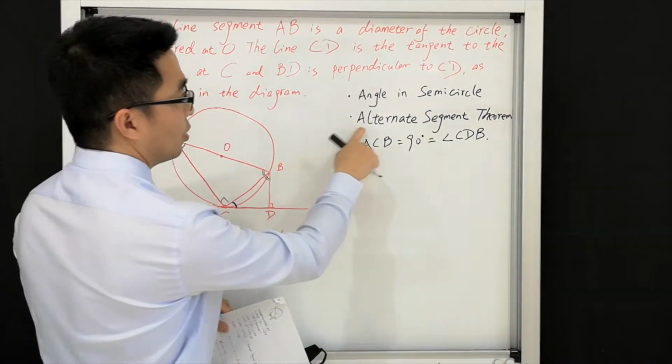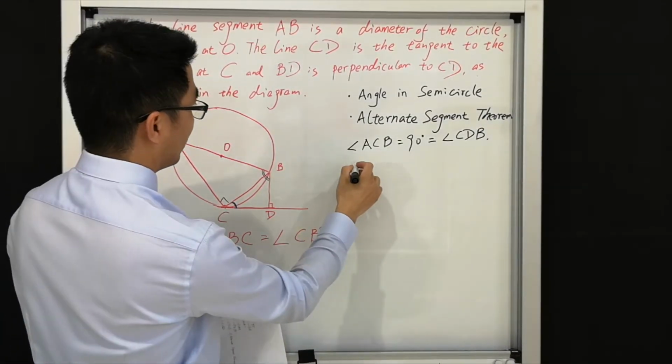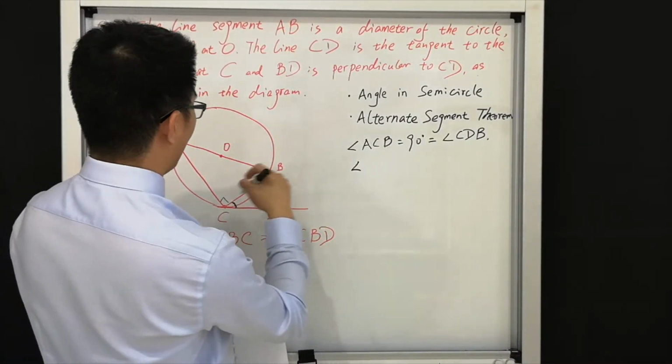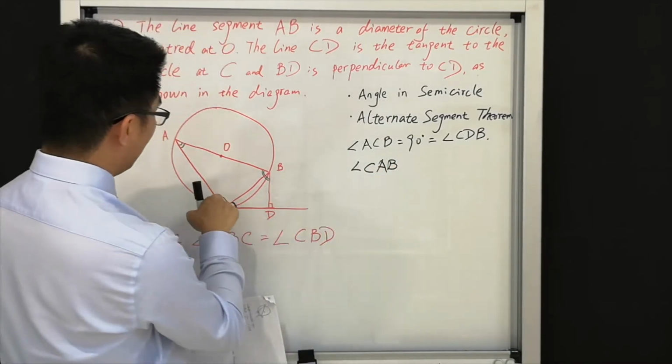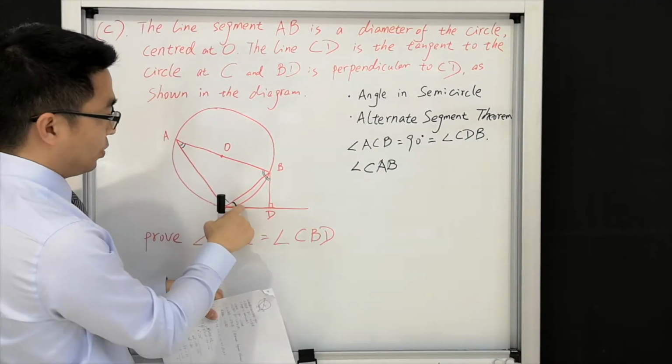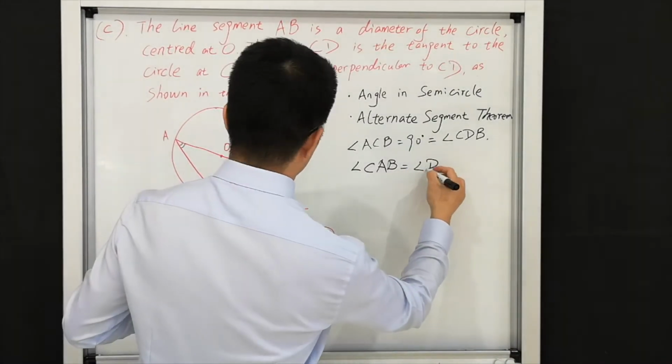And from the alternate segment theorem, we have this angle equal to this angle: the angle CAB equals the angle DCB.